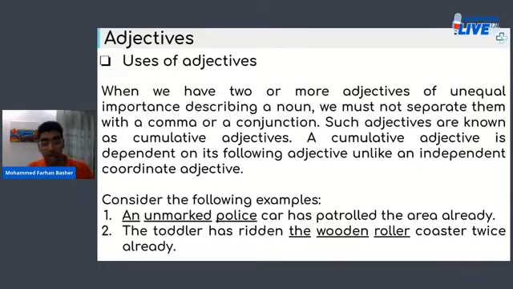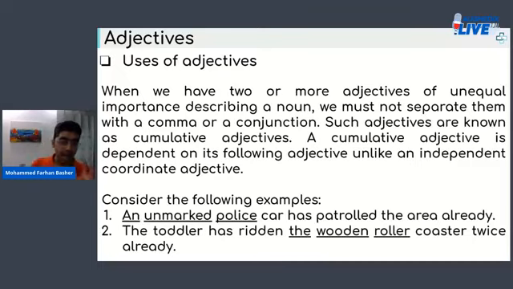To define the car, you cannot just say unmarked car. You just can't. Why not? Because that is just not an unmarked car. What car is that? It's an unmarked police car. Now, you cannot just skip unmarked and say a police car either. You have to say that it is or it was an unmarked police car.